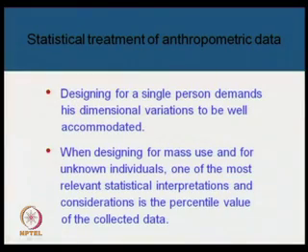Designing for a single person demands that his dimensional variations be well accommodated in the design. But when designing for mass use and for unknown individuals, because we do not know who the intended user will be, one of the most relevant statistical considerations would be the percentile value of the collected data.